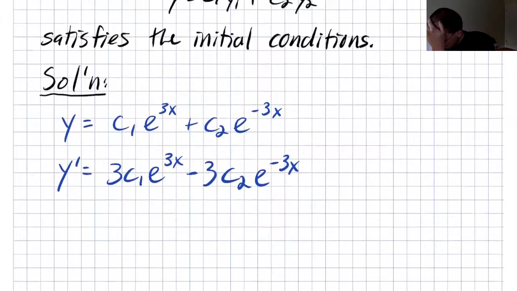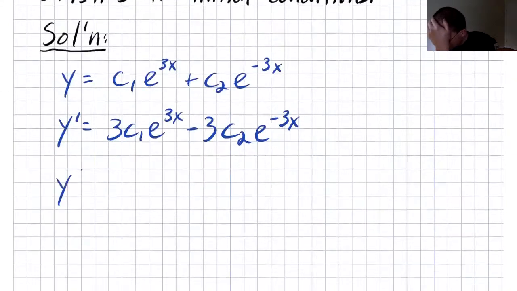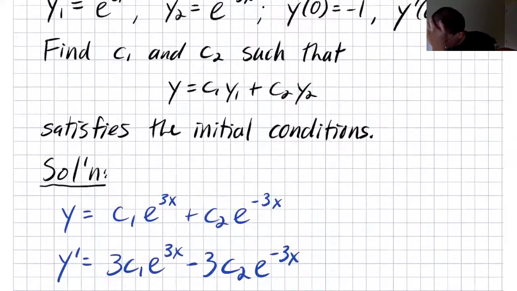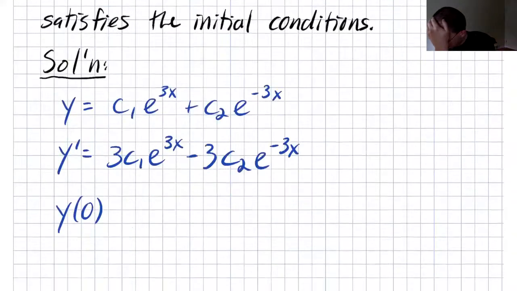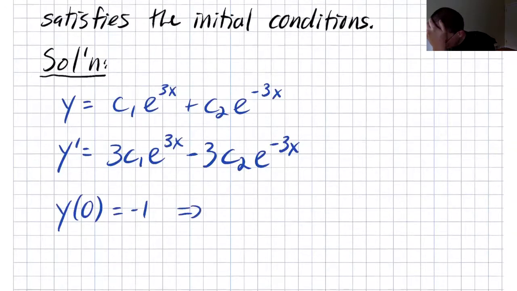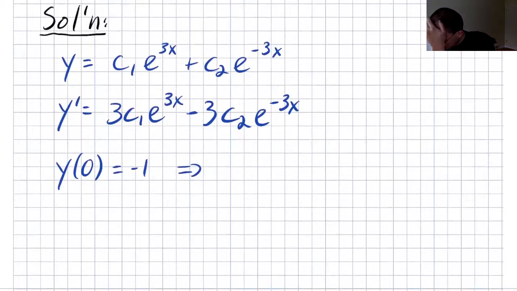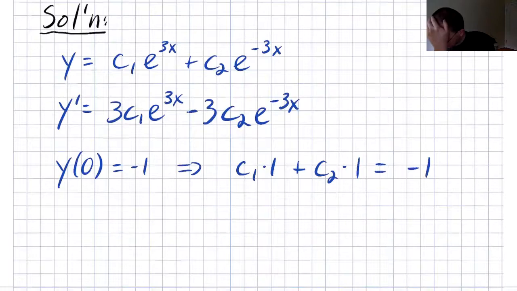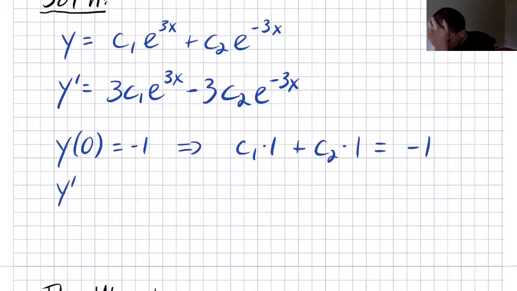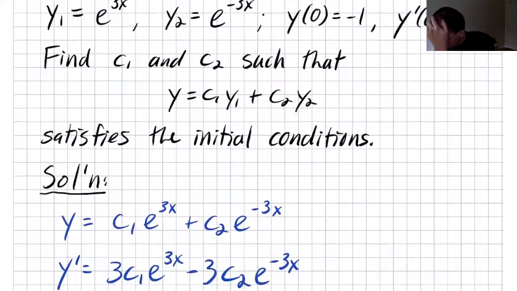And what are our initial conditions? We have y of 0 equals negative 1. So let's substitute 0: c1 times e to the 0, that's 1, plus c2 times e to the negative 3 times 0, that's also 1, and that equals negative 1. And then y prime of 0 is equal to 15.